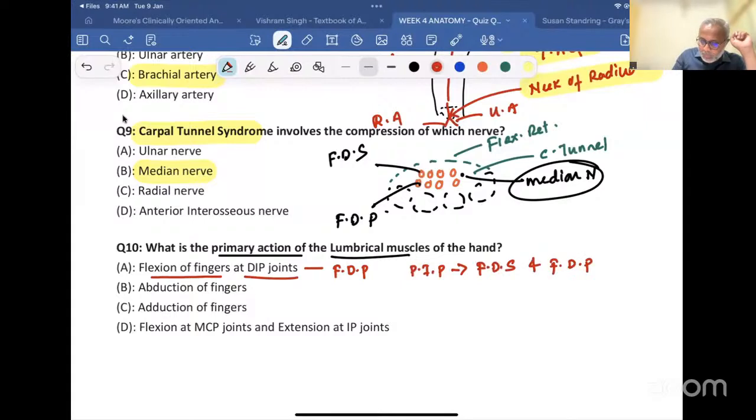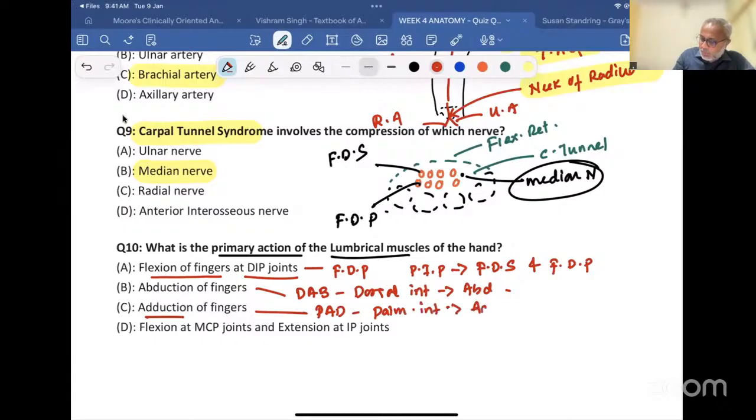Then, abduction of the fingers, DAB. What do I mean by this? Dorsal interossei abduct. What about adduction? Remember it as PAD. Palmar interossei. They adduct.